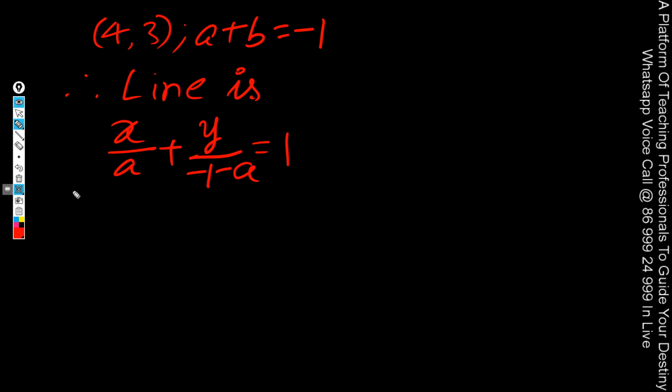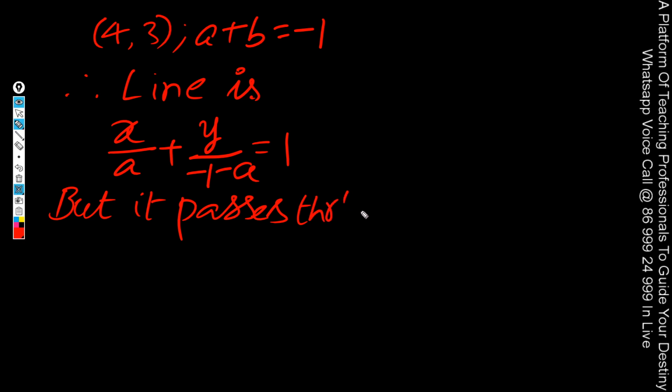Therefore, but it passes through 4 comma 3. Therefore, 4 by a minus y by, y is nothing but, in this case, 3, minus 3 by 1 plus a is equal to 1.